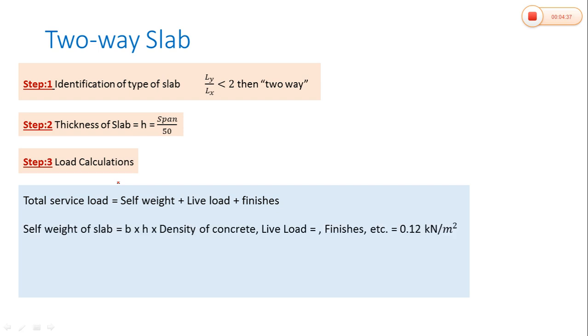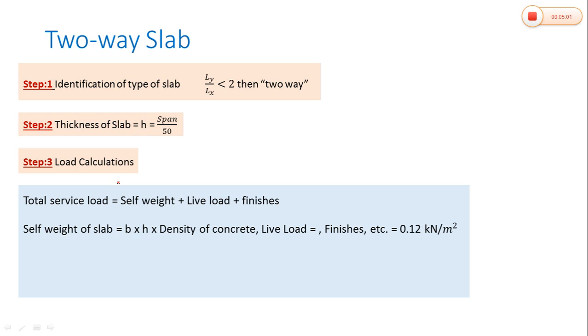We calculate the self weight of the slab by using the formula B into H into density of concrete. So remember that here B we are going to consider as 1 meter for the slab, H is nothing but the thickness of slab, and density of concrete we are going to use as 24.